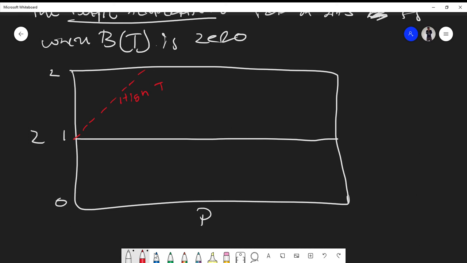Whereas for low temp, the graph actually looks something like this, and this would be low T. Whereas for the Boyle temp, look at it. BT is equal to 0. And this is what we define as the Boyle temperature.